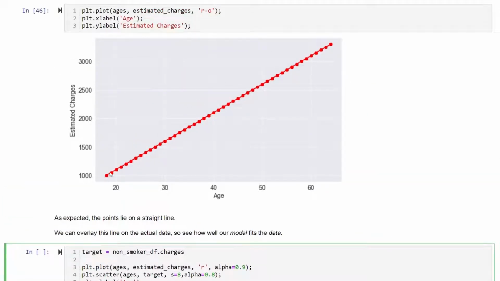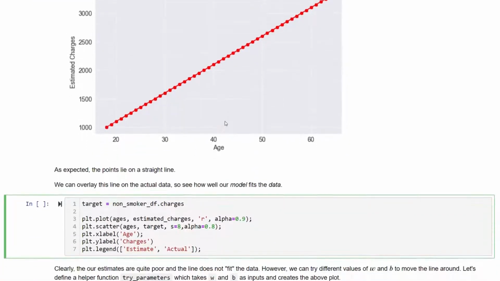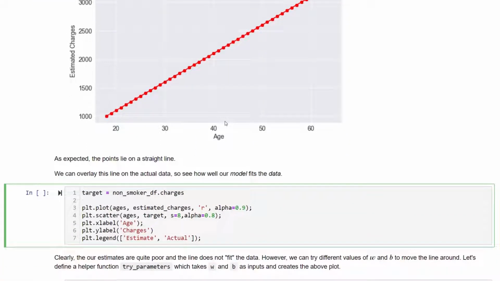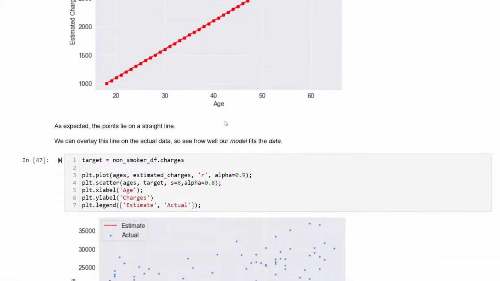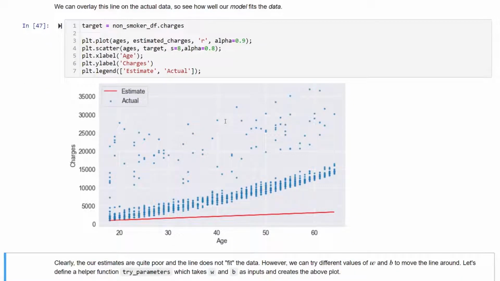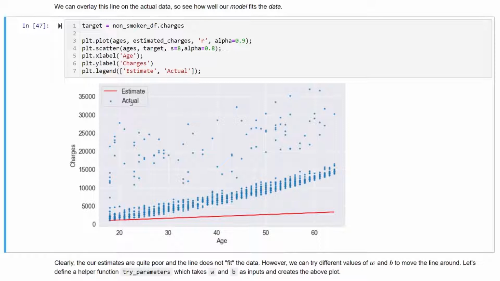In this picture, you can see the estimated line we have drawn. What if the line is compared to the original data? This was the actual data. The blue line represents the actual data and the red line represents the estimated data.